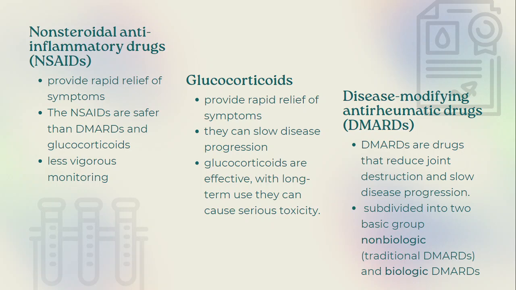The NSAIDs provide rapid relief of symptoms but do not prevent joint damage and do not slow disease progression. The NSAIDs are safer than DMARDs and glucocorticoids, thus treatment with NSAIDs requires less vigorous monitoring.